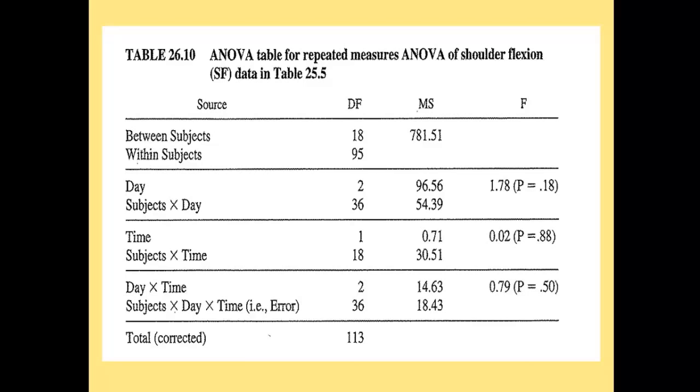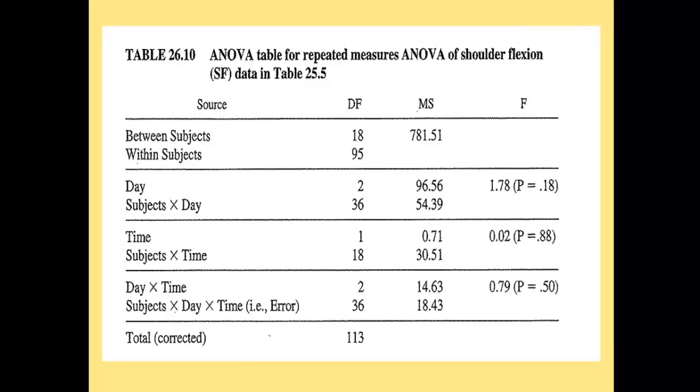That might be better, unless I can assume more or less these are independent, and it's questionable whether I can. So you might want to really drop the interaction term. But this suggests that there's no effect of day or time or its interaction on shoulder flexion. That's what you see here.